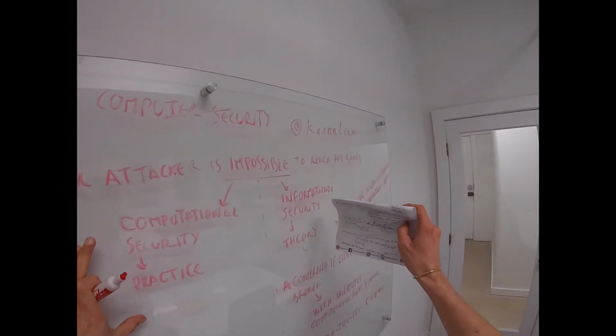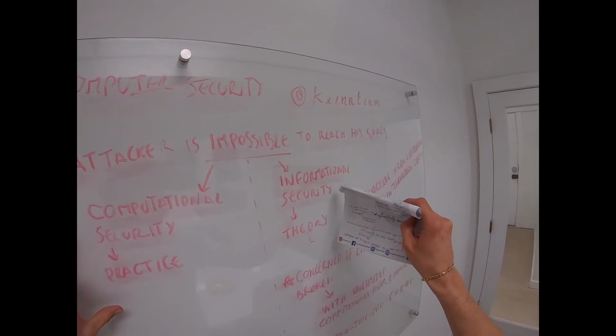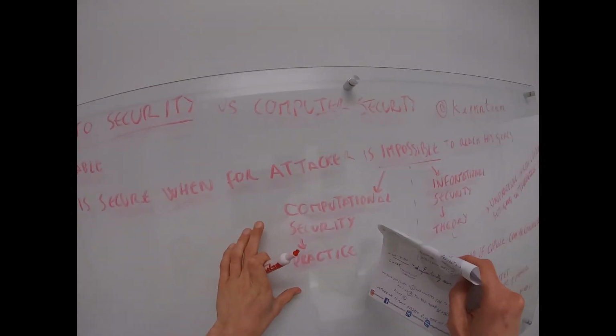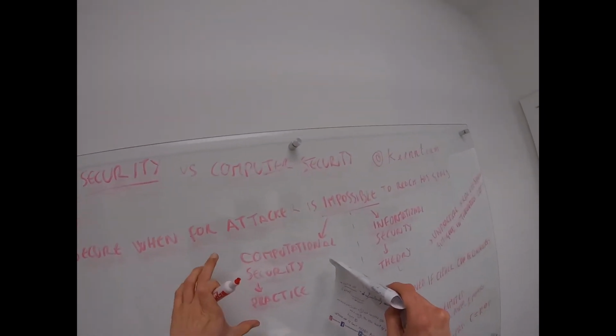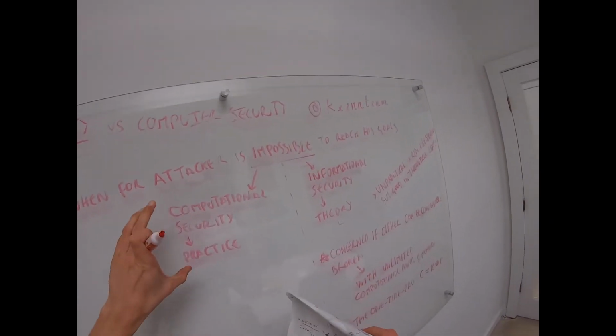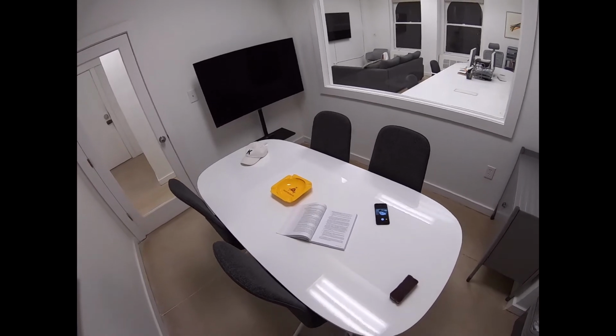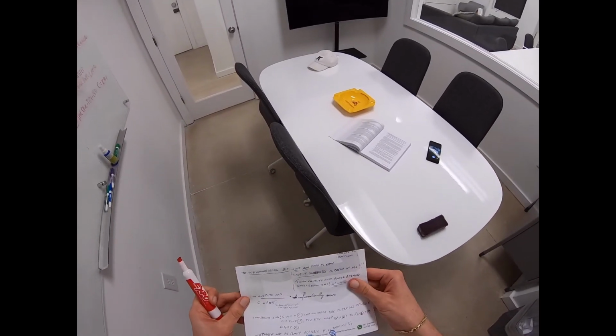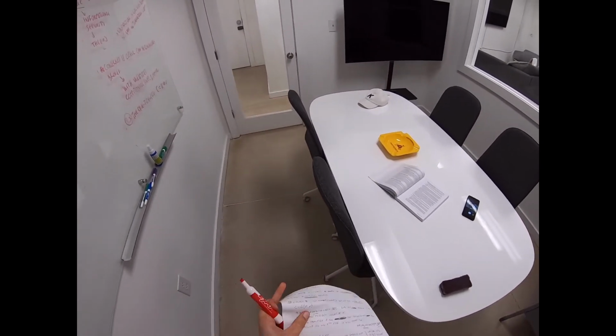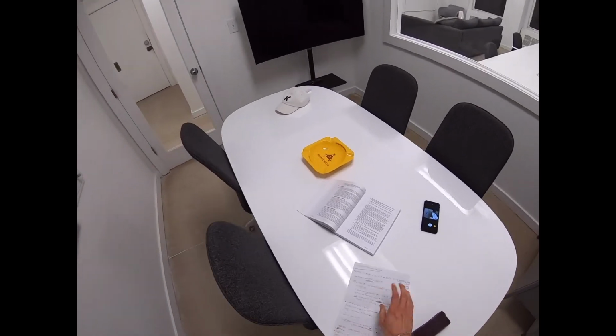So it might not be secure on the informational security side, but it might very well be considered secure on the computational security side. And that's what matters for implementations and for everyday real life use. All right, so let's go to computational security.